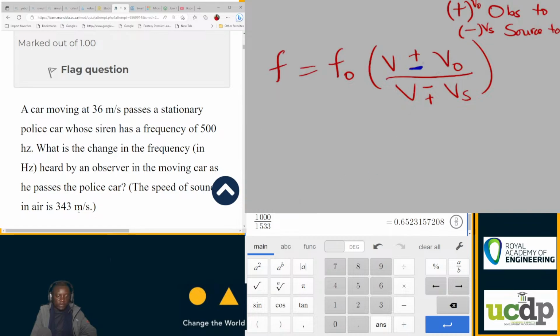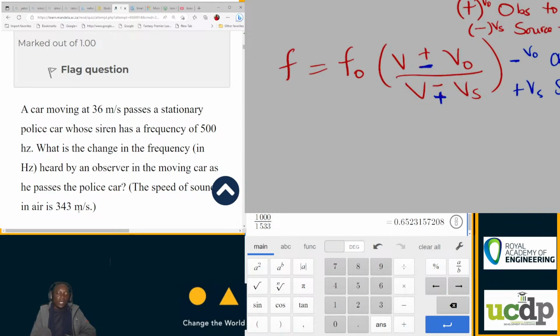Whereas the other part, where we have negative there and positive there, the negative for V observer would mean observer away from source, and the positive for V source would mean the source away from observer.